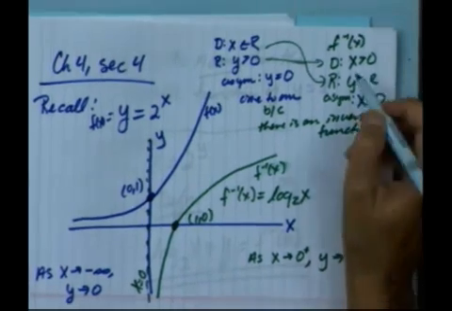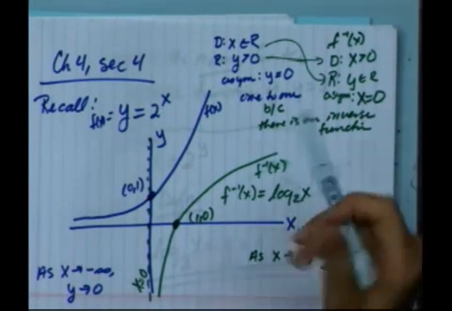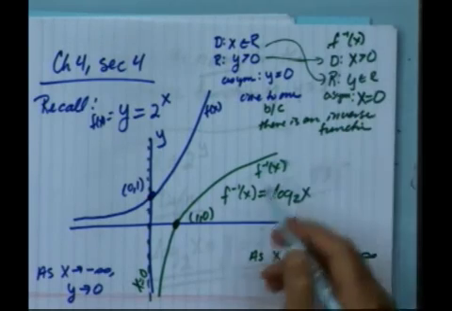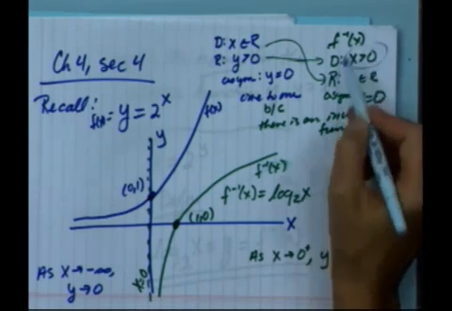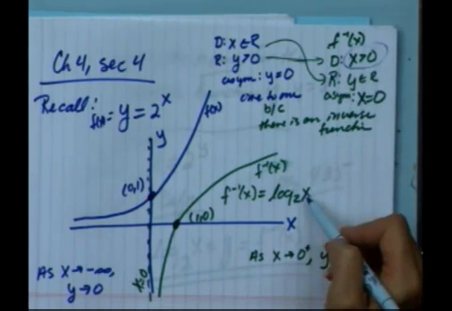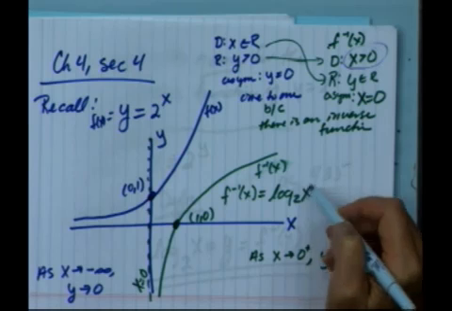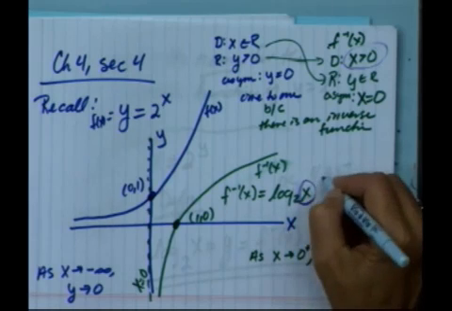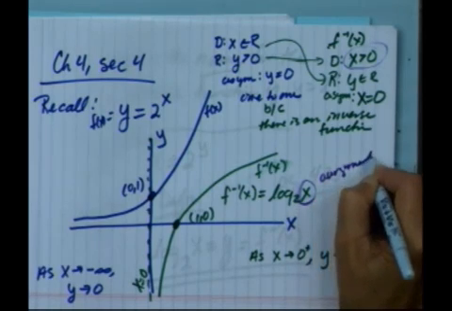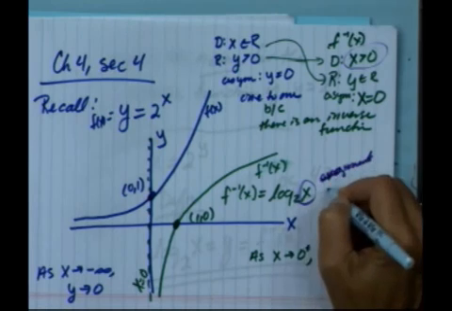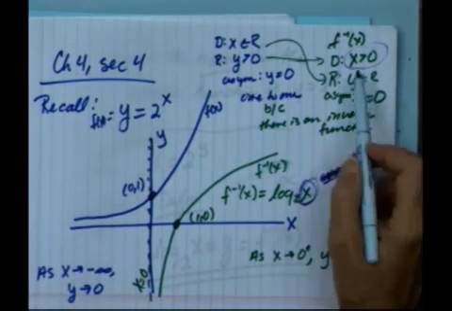Go back up here where we did domain. For my inverse function, which is log to the base 2 of x, my domain is that x has to be greater than 0. This x, by the way, is called the argument. The x part is called the argument.